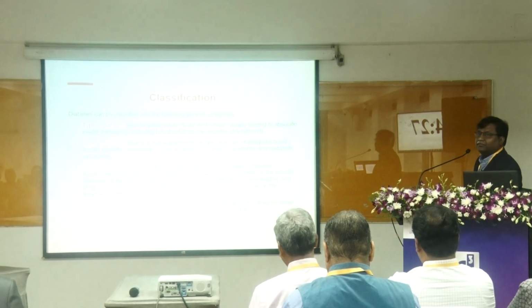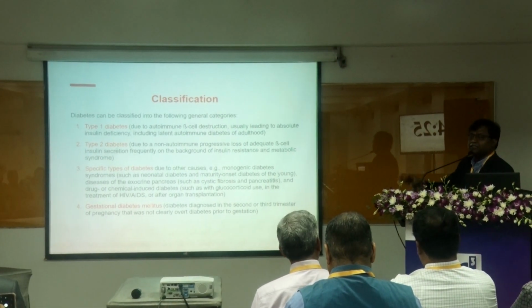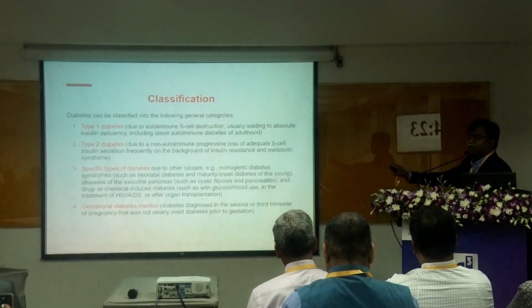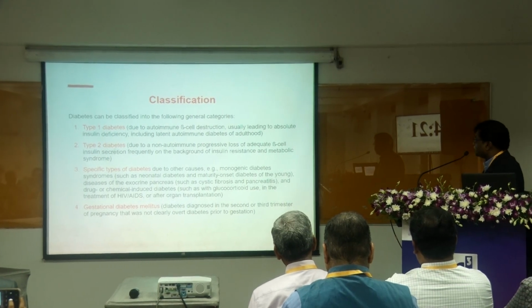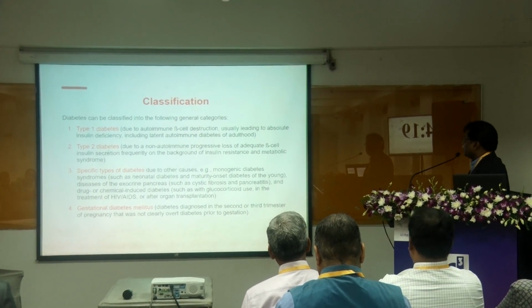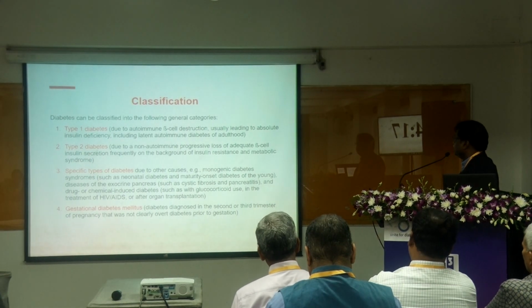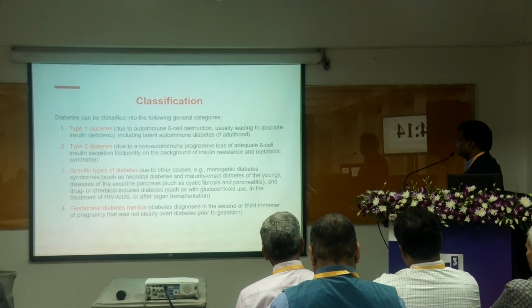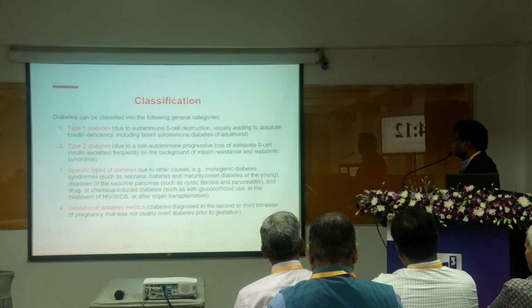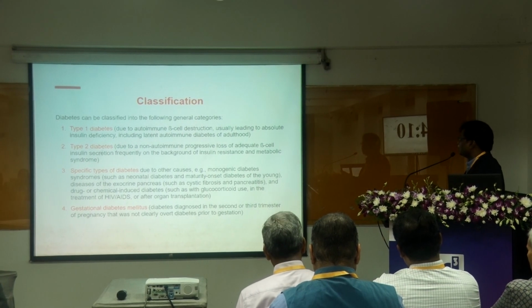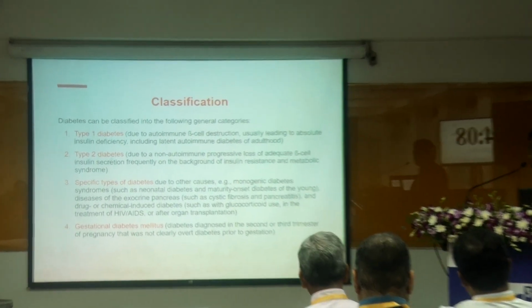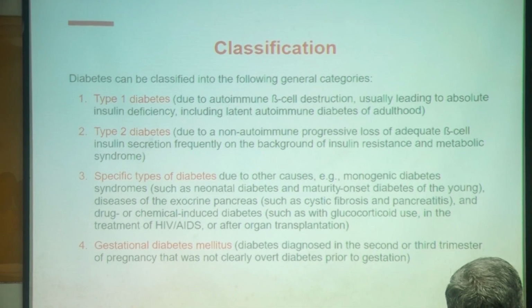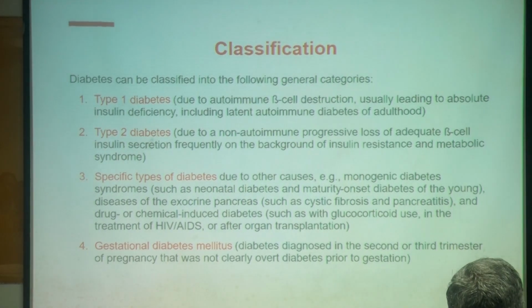So classification, we all know: type 1 diabetes, type 2 diabetes, gestational diabetes and secondary diabetes. But still, you should know type 1 diabetes is autoimmune beta cell destruction, usually leading to absolute insulin deficiency, including latent LADA diabetes. Type 2 diabetes is due to non-autoimmune progressive loss of adequate beta cell insulin secretion. That is what we see in 95% of the diabetic population in India.